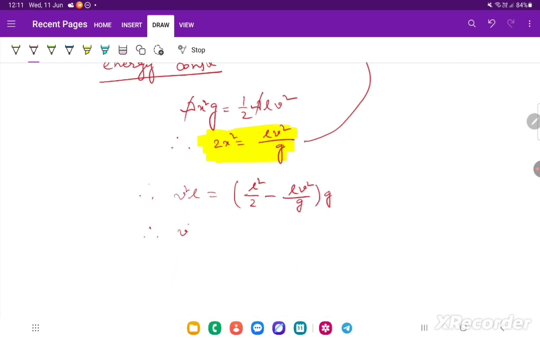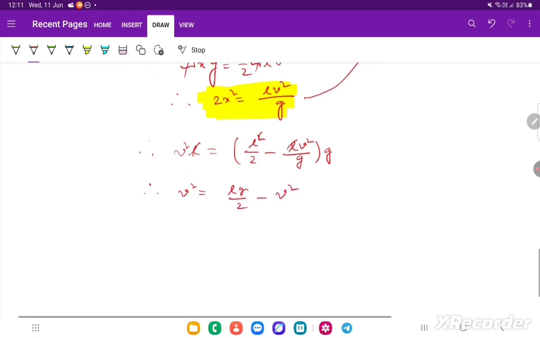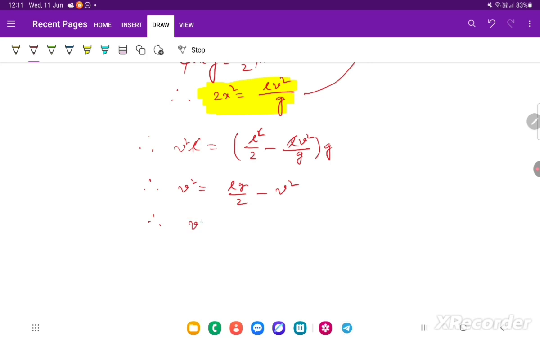So this will come out as v square L, or let's cancel one L from both the sides. So we'll get v square as Lg by 2 minus v square. So v square will be Lg by 4, or v will be root under Lg by 2, and that's the answer for our question.